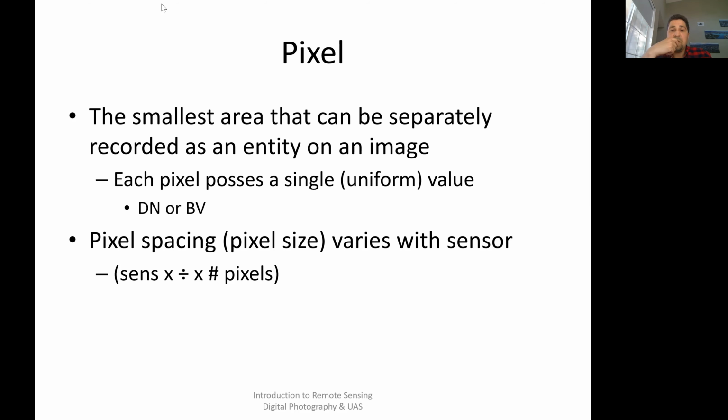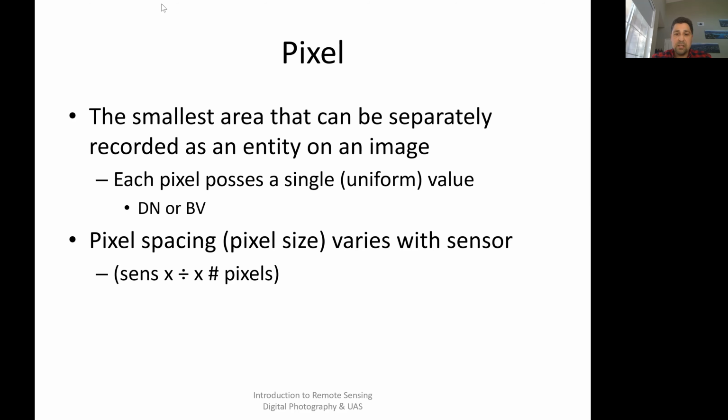And pixels possess something called a digital number, or brightness value, BV, okay? Does the same thing, right? And I'll get more into those as we go through this. But just remember that right now, every pixel that shows up in an image has a digital number or BV associated with it.